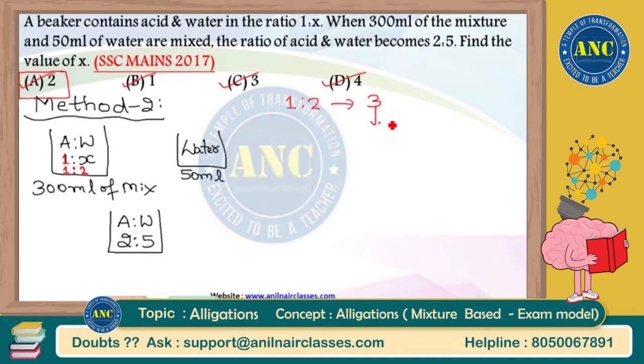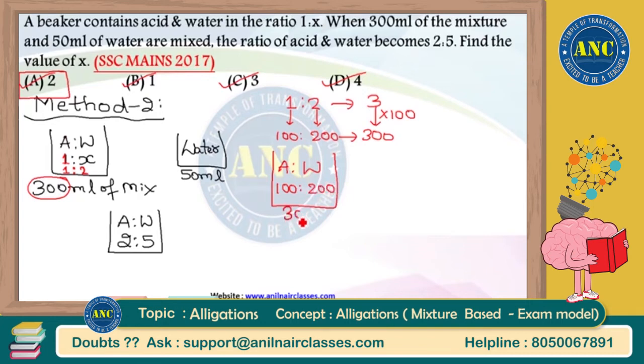But the question says in the first mixture, total mixture present is not 3 ml, it is 300 ml. So multiply 3 with 100. 3 into 100 is 300. 1 into 100 is 100. 2 into 100 is 200. That means in my first vessel, 100 ml of acid is present and 200 ml of water is present. Totally it is 300 ml.